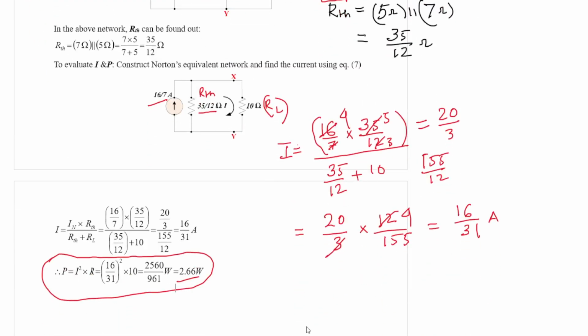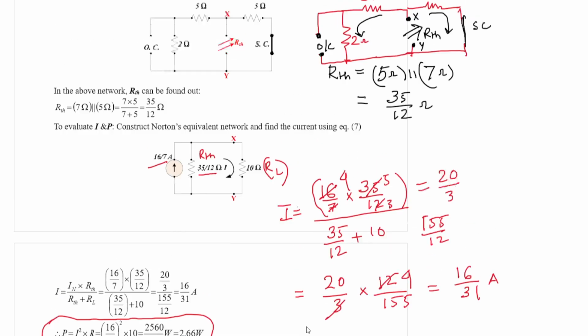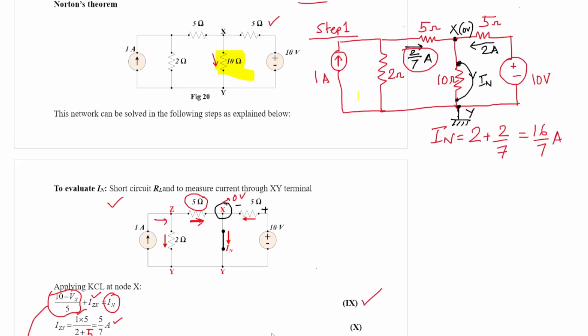So with this example, we have illustrated Norton's theorem. First, we shorted the 10 ohm resistance and evaluated the Norton current, that is 16 by 7 ampere.